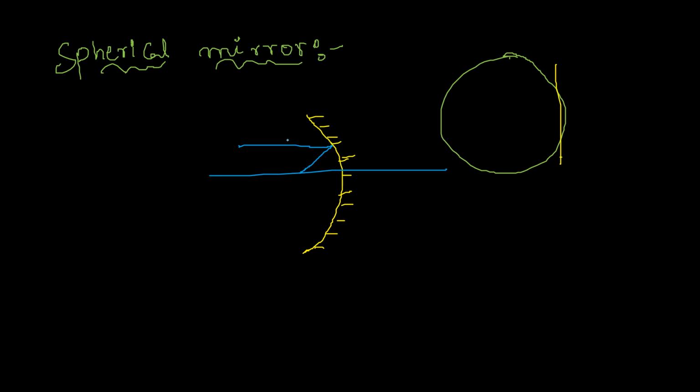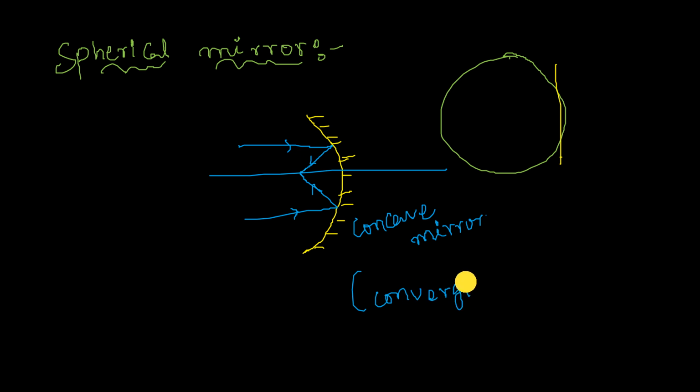So you can observe here, reflection is taking place inward. This type of mirror is called a concave mirror. Concave mirror is also known as converging mirror. Why is it converging? Whenever a light ray is incident on it, after reflection the light rays converge, moving towards the principal axis. That's why it is a converging mirror.